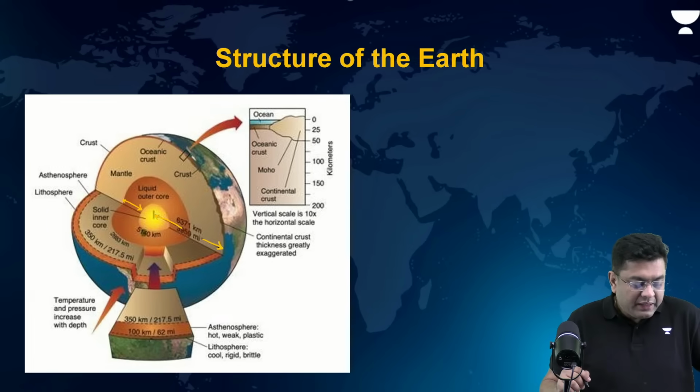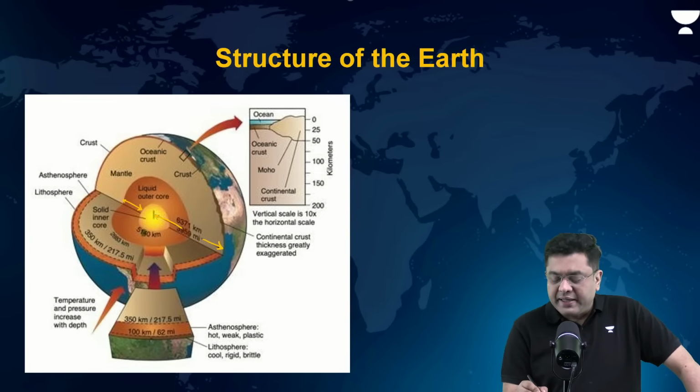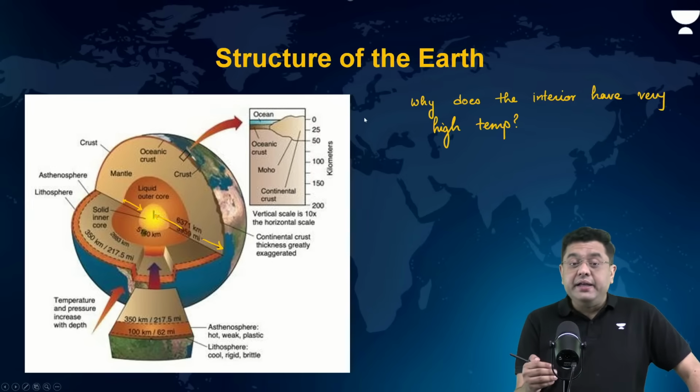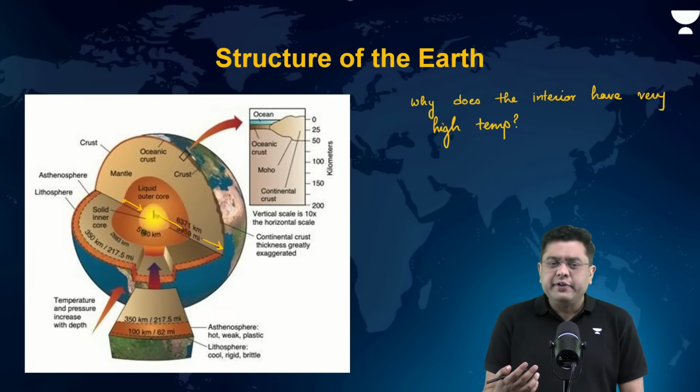Now, one other basic aspect that we ignore: why does the interior have very high temperature? What is the reason behind this? We have been talking about it, that the interior gets very hot and materials get molten.